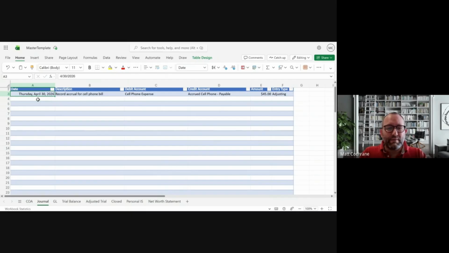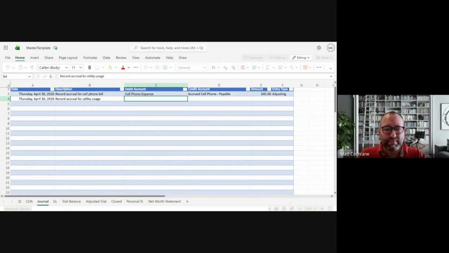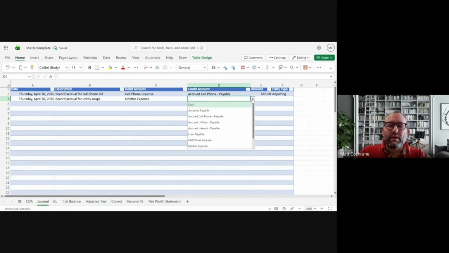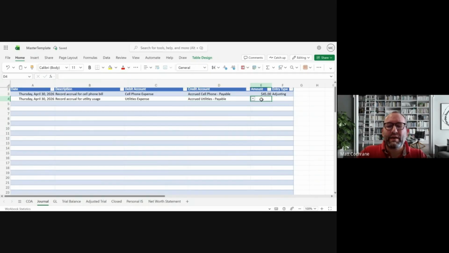So again, I'm just going to copy and paste this. Record accrual for utility usage. Okay, so this is going to be a utility expense. And again, we're going to accrue the utilities payable here, and it's for $200. And again, this is an adjusting entry that would happen in the month before.